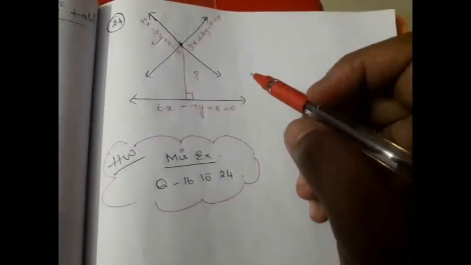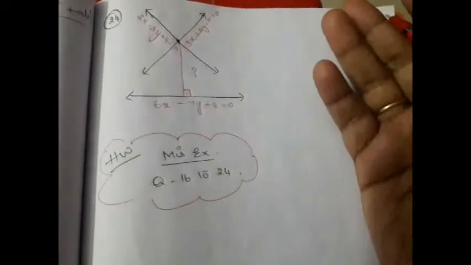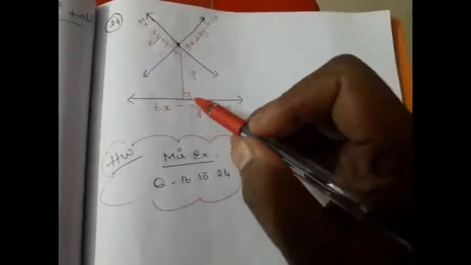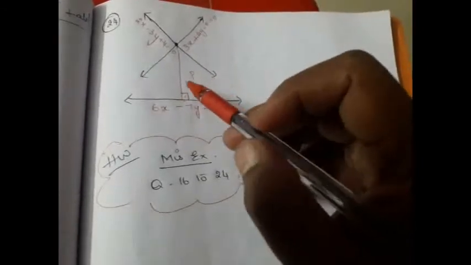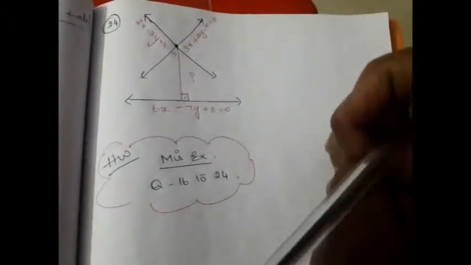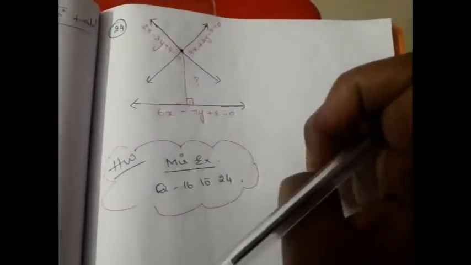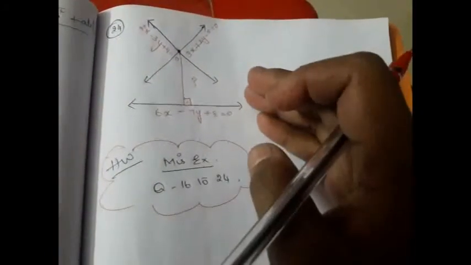To find the equation, we need a slope and 1 point, right? Since this is perpendicular, we can find the slope by taking the negative reciprocal. And if we find the point of intersection of these two lines, we will get the point. So we have a point and a slope, and we can go with the slope-point form. Hope you got it. It's quite easy, but it's an application oriented question.